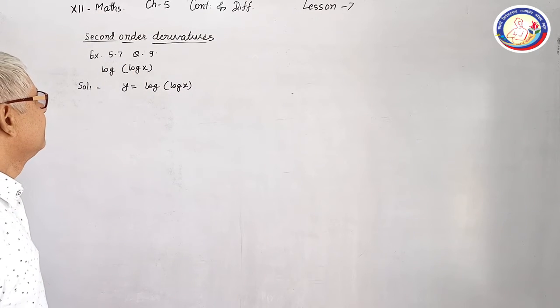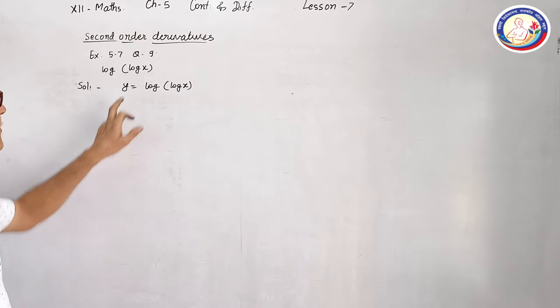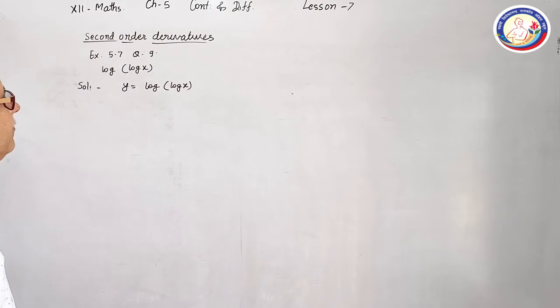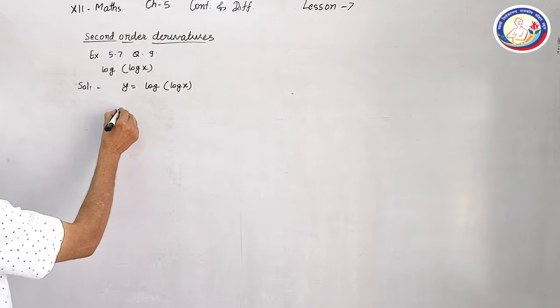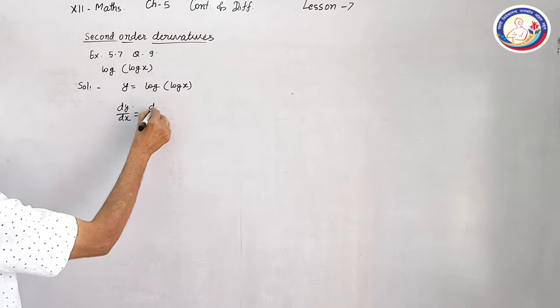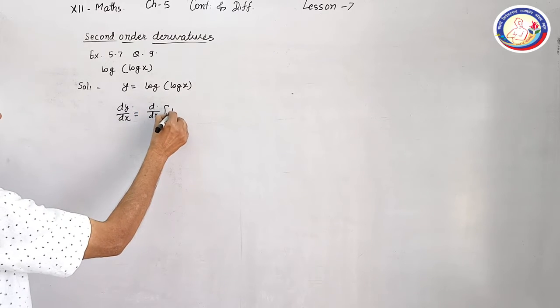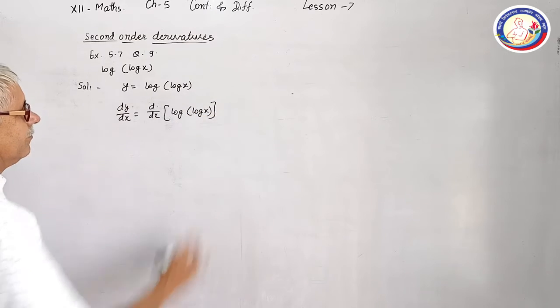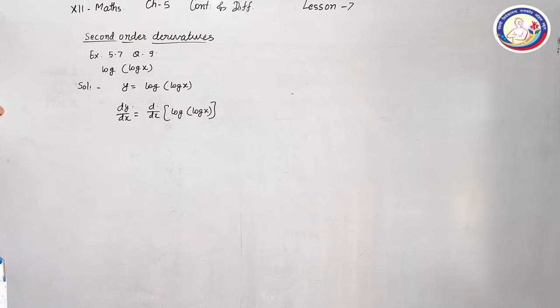Question number 9. We have to find second derivative of this function. I have denoted this by y. Now find first derivative, that is dy by dx equal to derivative of this, log of log x. We will use here chain rule.